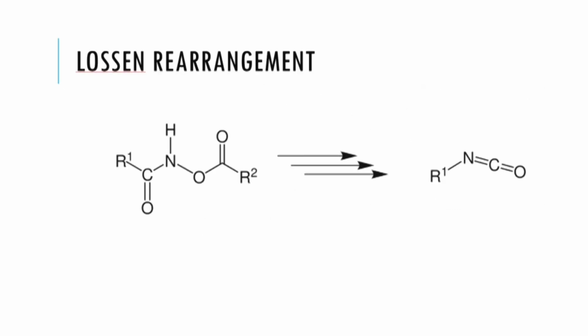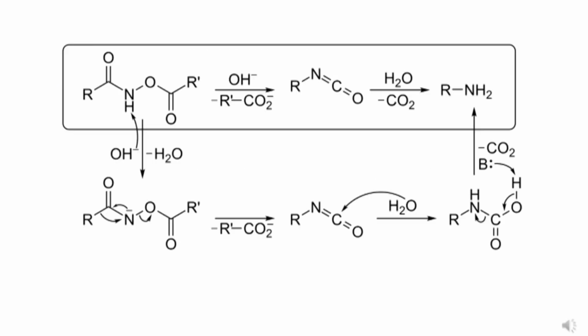The last rearrangement that we're going to look at in the series is the Lossen rearrangement, where again it involves the formation of an isocyanate, and this isocyanate is produced using this intermediate as shown here. Now let's look at this reaction. So, this is again very similar to the bromamide and the other isocyanate based reactions.